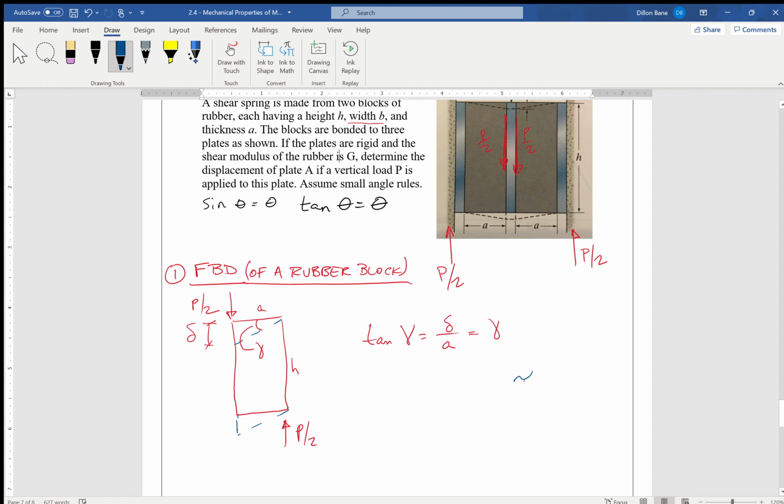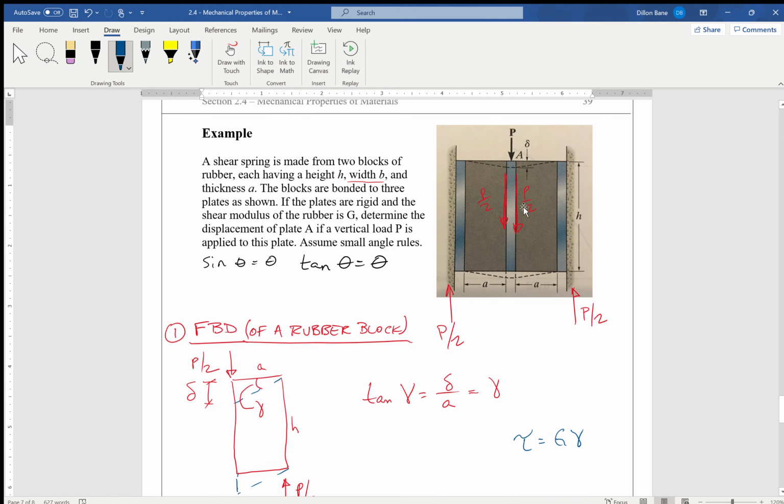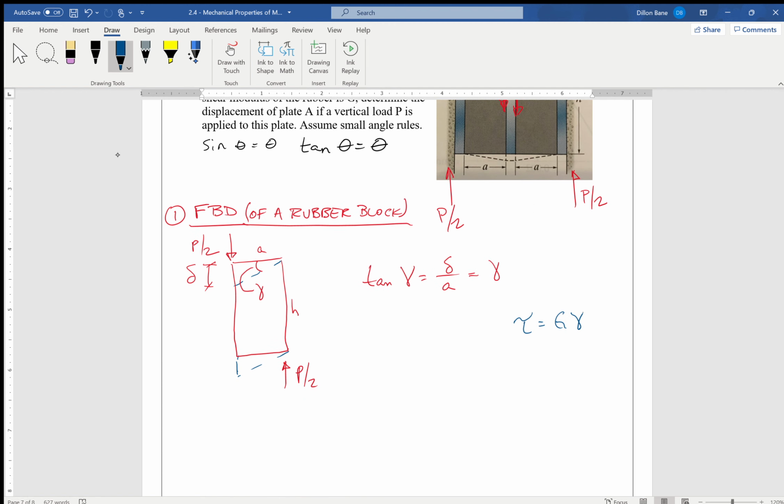So we're looking towards stress is equal to G times gamma, and we just found gamma to be equal to delta over A. G is a known, and we just need to figure out what tau is now for the shear stress. What is the shear stress that acts on this rubber block? And so that'll be step 2. And let's say that step 2 is stress on block.